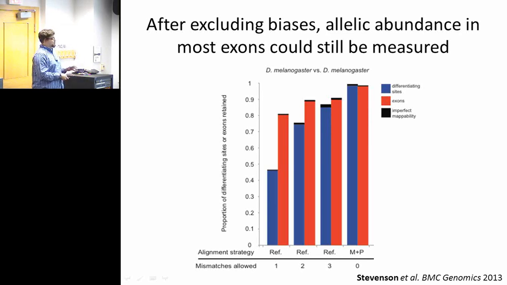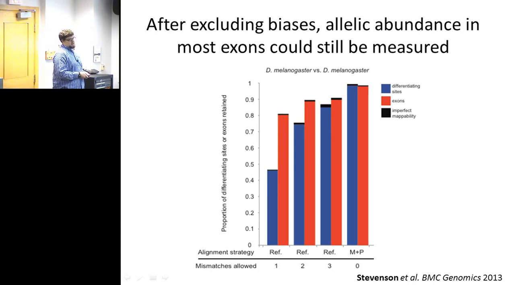So in fact, in our, for lack of a better phrase, worst case scenario aligning to a single reference genome, allowing one mismatch, we were able to still use slightly less than 50% of the differentiating sites, but just over 80% of exons still had at least one differentiating site that we could measure allele-specific expression from.